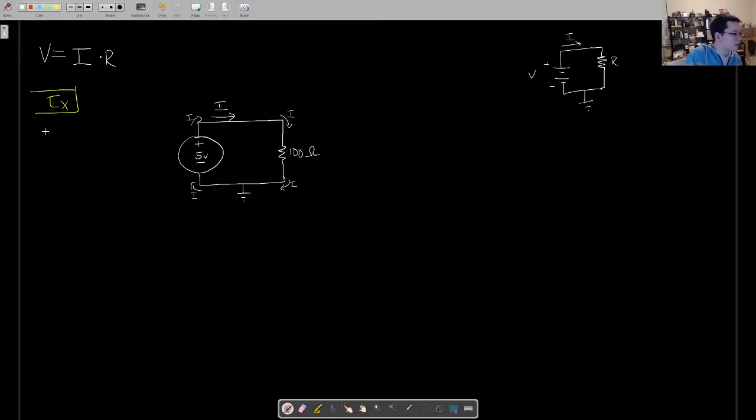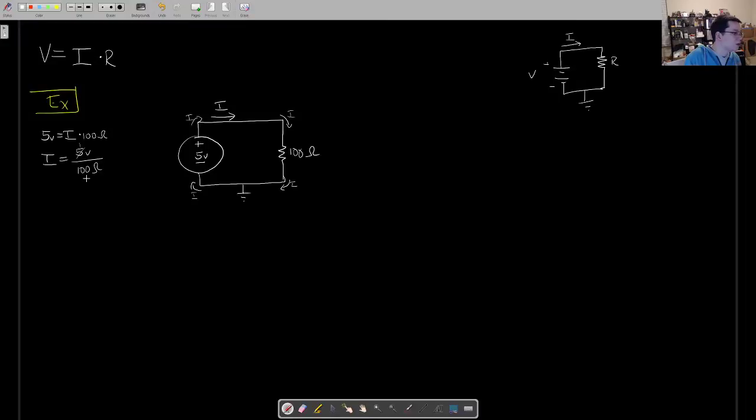Now what that means is we have 5 volts equals some current times 100 ohms. Now if we want the current by itself, all we got to do is rearrange the equation, and we have I equals 5 volts divided by 100 ohms.